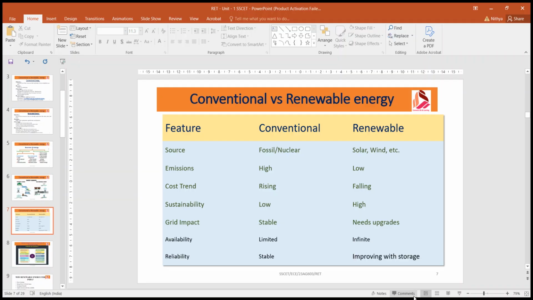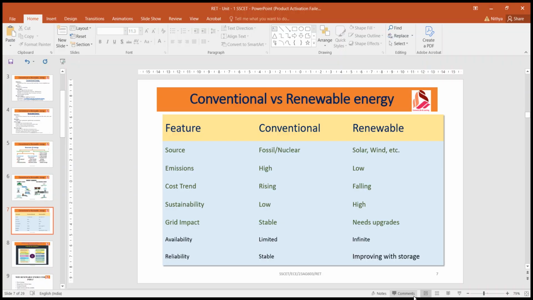Generally, for conventional as well as renewable sources, there are general specifications for features like emissions, cost trend, sustainability, grid impact, availability, and reliability. These are the general specifications for both conventional and renewable sources.